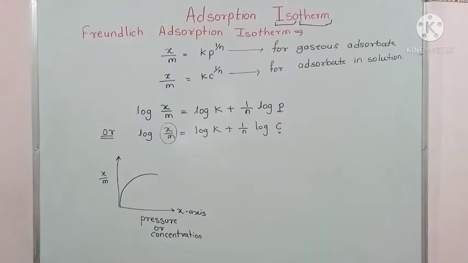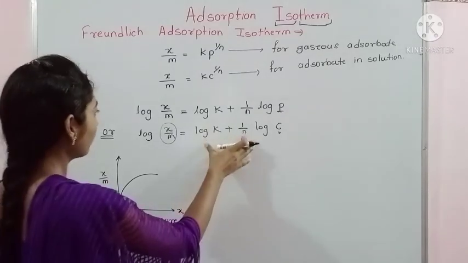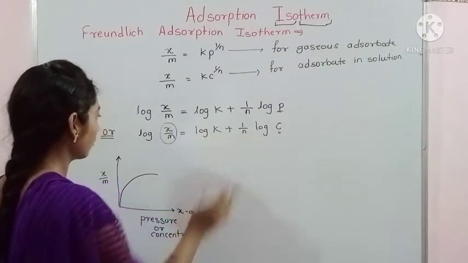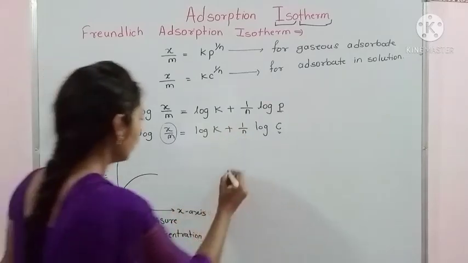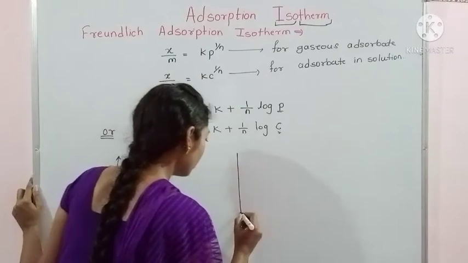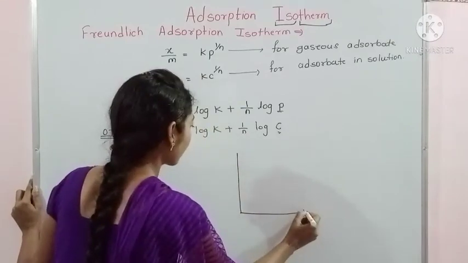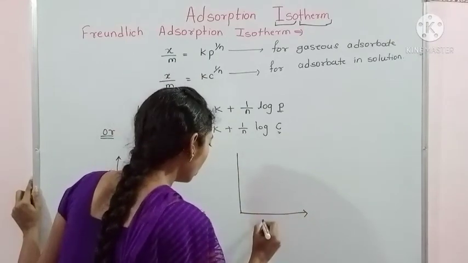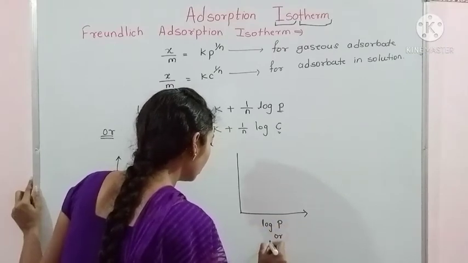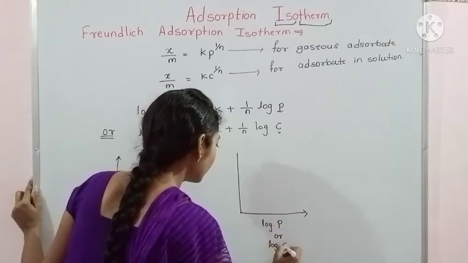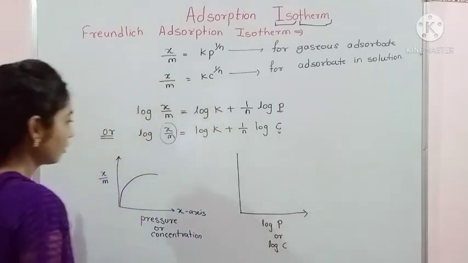And if we plot a graph for the logarithmic equation, then here on the x-axis we take log of p or log of c, pressure or concentration.